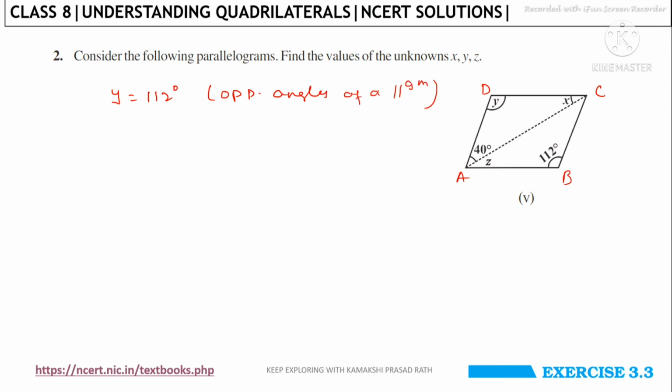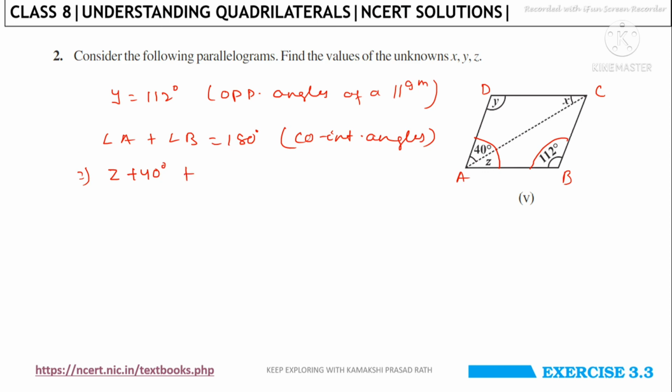Next, we can see angle A plus angle B equals 180 degrees. As you can see, angle A means this total one, and angle A plus total angle B equals 180 degrees. They form co-interior angles. Now angle A is nothing but Z plus 40.